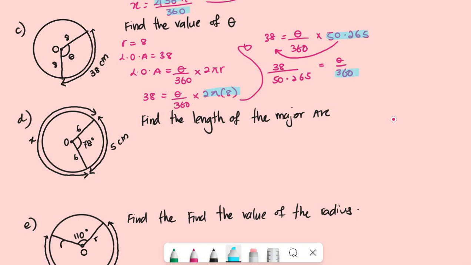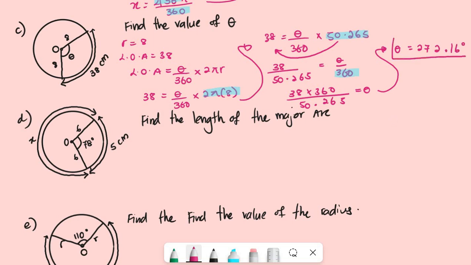So divide here becomes times. So 38 times 360 divided by 50.265 equals theta. Let's calculate 38 times 360 divided by 50.265. It is 272.16 degrees. This is the value of theta.